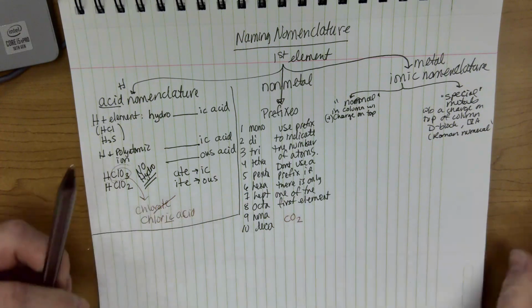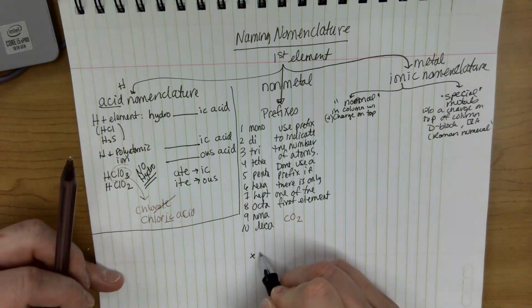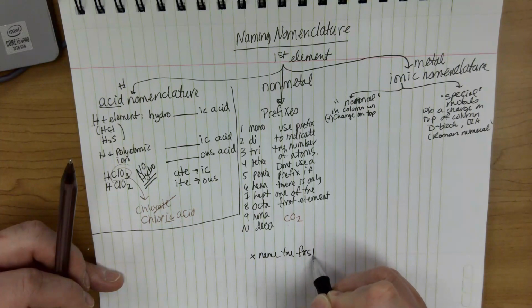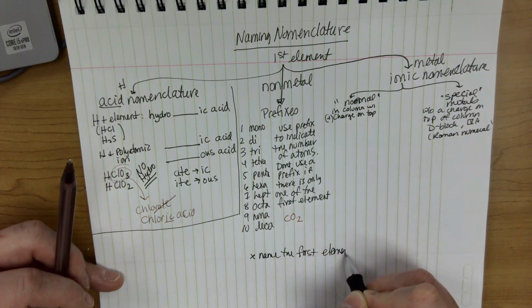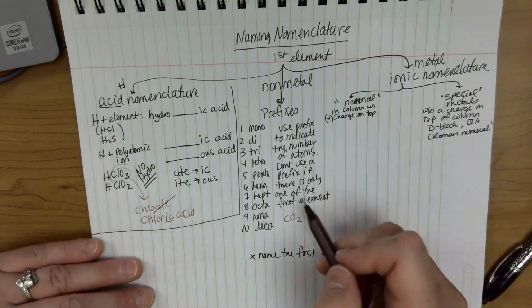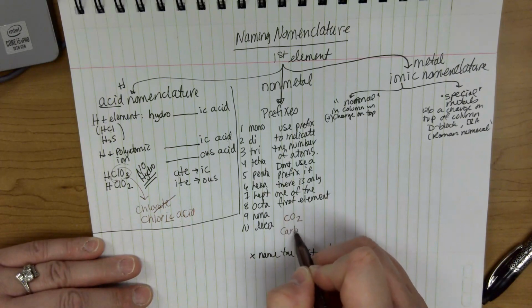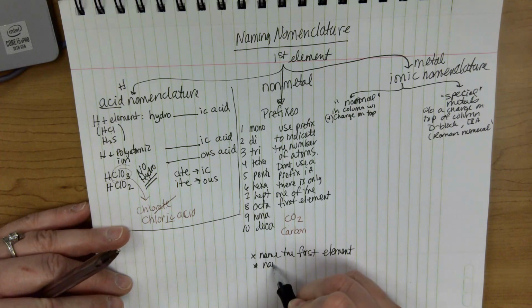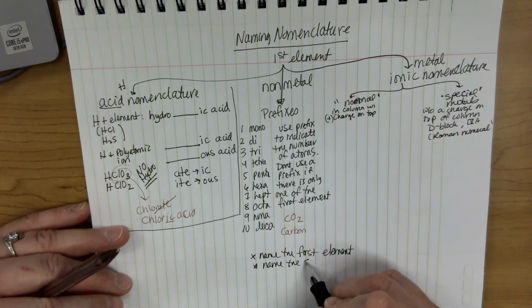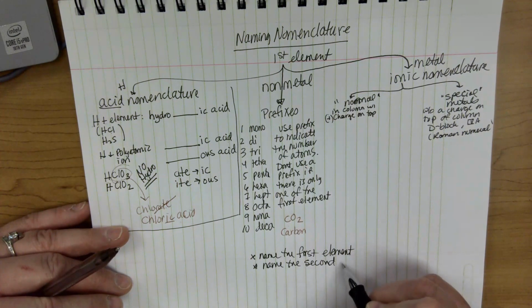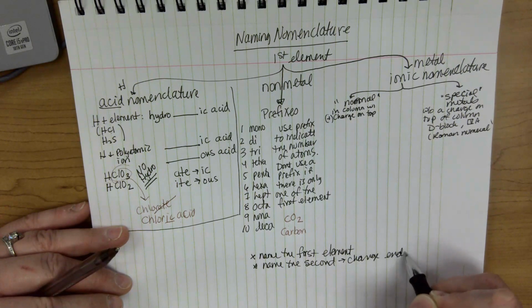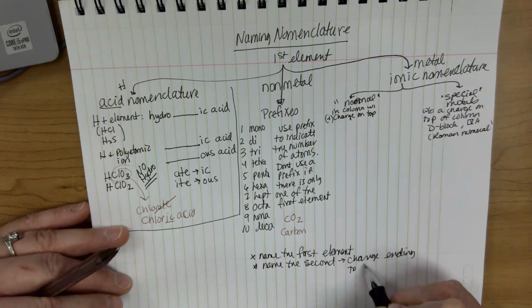When we name them, you're going to name the first element. Do not change its name. This is carbon, so we write carbon. You name the second, and we change the ending to IDE.